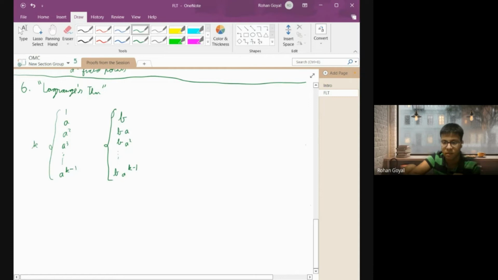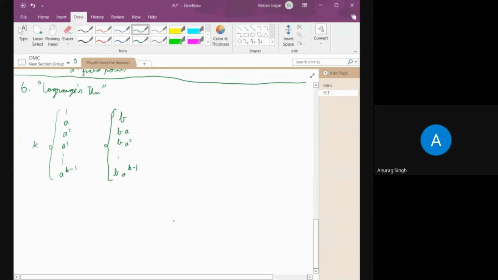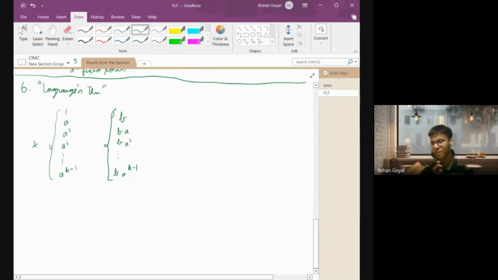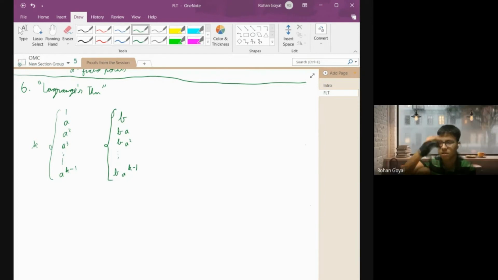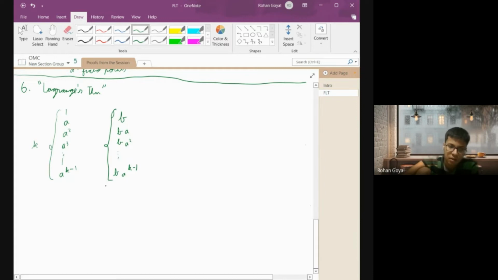Is b relatively prime? b is just some element from 1 to p minus 1 for now. So it's relatively prime, yes. We just consider sets of this form mod p. Let's call this set X_b. This set is X_1.